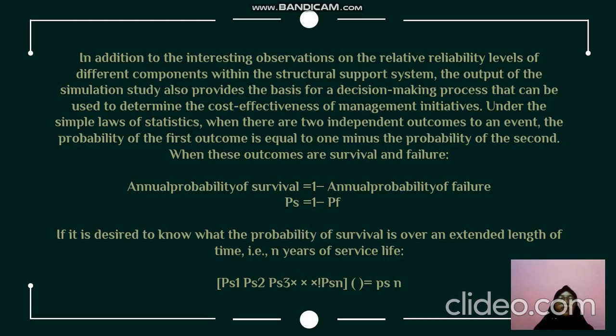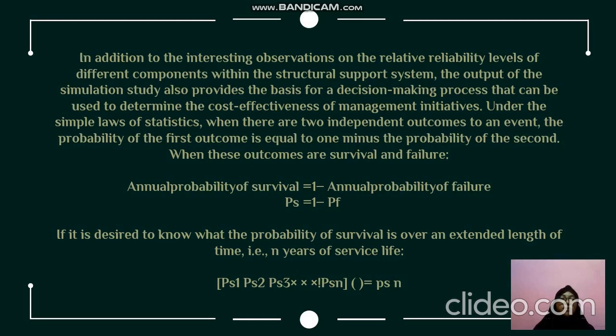When there are two independent outcomes to an event, the probability of the first outcome is equal to 1 minus the probability of the second.